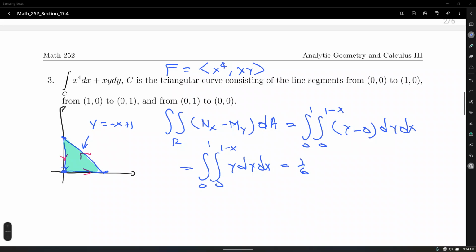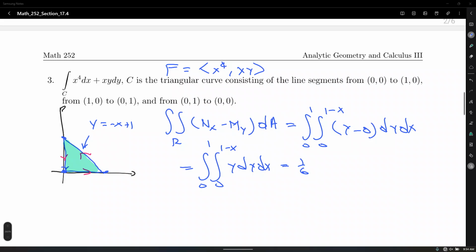Type 2? Not type 2 either because it's in differential form, dx dy, right? Well, the remaining is type 3, right? But how do we evaluate type 3? I mean, any type of line integral. What do we need to do to evaluate or to set up a line integral?